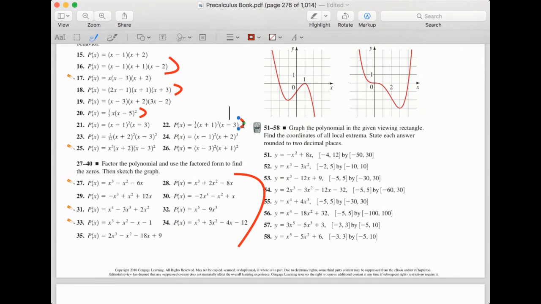You know what? We don't have that much time. Let's just try 2 of them. Let's try 16, 18, 28, and 30. All right, let's try those 4 questions.